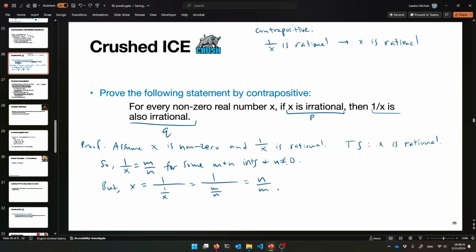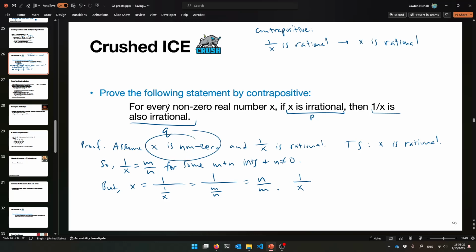I also need to show this works out, because I'm trying to show that x is rational, that it's equal to a ratio of numbers where the number on the bottom is not 0. So I need to show that m cannot be 0. That works because 1 over x is non-zero, because x is non-zero.